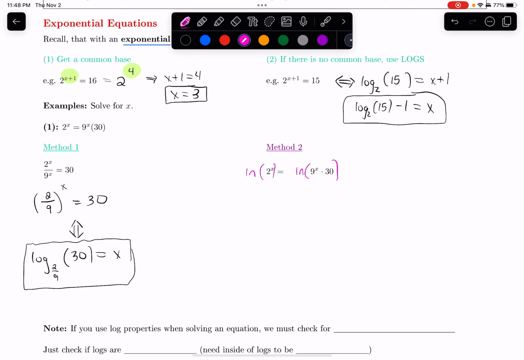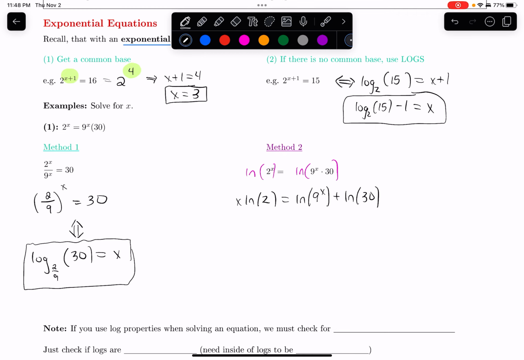Doesn't really matter which log I use, but typically we use the most commonly used ones, which are ln and log base 10. Okay, so now I can use some log properties to simplify this. Over here I got an exponent in the log, and I can move that out to the front. So I'll get x times ln of 2. On the other side, if I have a log and inside of it two things are being multiplied, I can split it up as ln of the first thing plus ln of the second thing.